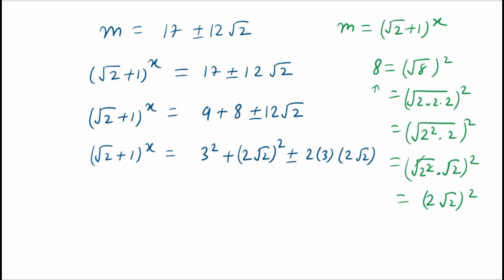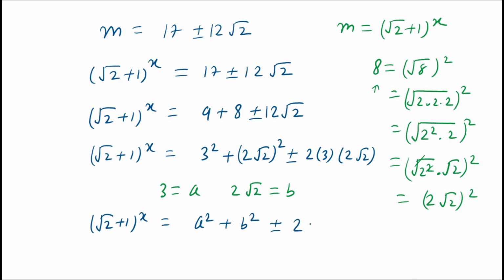Now look carefully. Suppose this 3 is a and 2 times square root of 2 is b. On the right hand side, (square root of 2 plus 1) to the power x is equal to, on the right hand side, 3 is replaced by a squared plus 2 times square root of 2 is replaced by b squared plus minus 2 times 3, which is replaced by a, and 2 times square root of 2 is b.